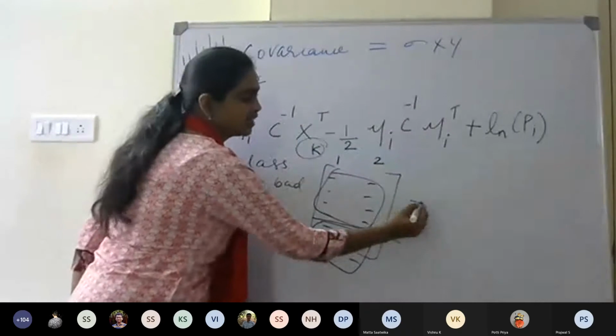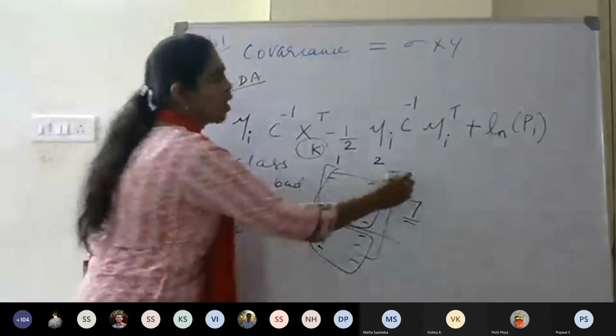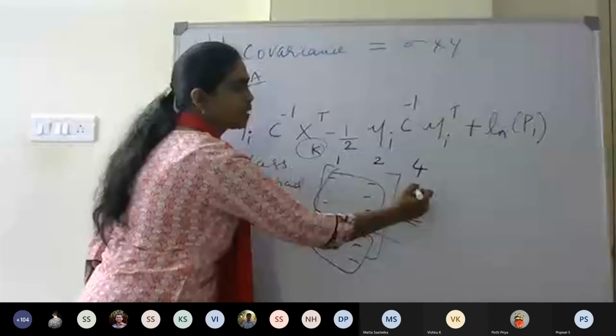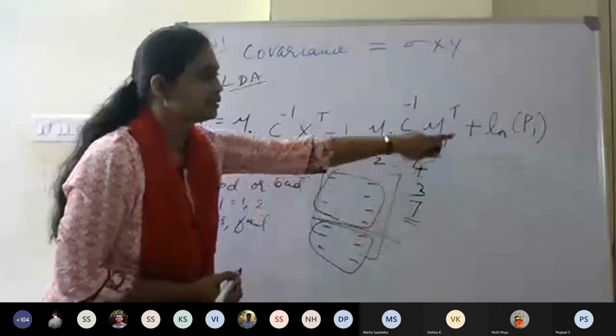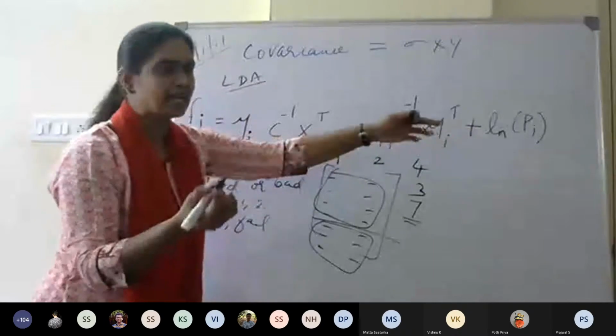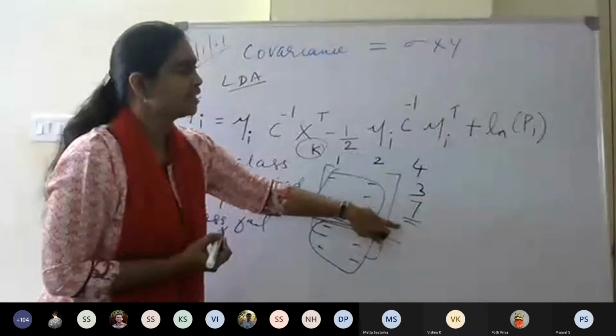Say there are 7 rows in this matrix, my feature elements, out of which 4 are pass and 3 are fail. Then 4 by 7 will be P of i, and then the logarithmic value of P of i, the ln of P of i. Similarly, 3 by 7 of that will be P of i, and ln of 3 by 7 will be the value that I have to substitute here.